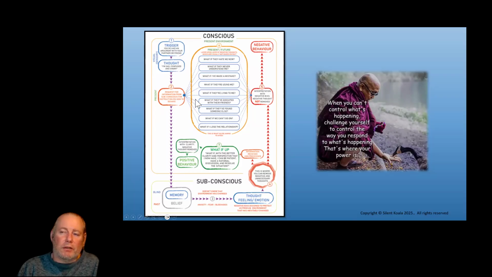But just to give you a real-time example, say you've had an argument with your partner or a friend. The thought is, I'm sad, I'm confused, I'm angry. Your conscious requests information from your subconscious. The memory is the most negative trauma. The thought is a negative thought. So if you weren't to catch yourself here, then the interpretation is with negative bias. So, for example, your original thought is, I'm sad.